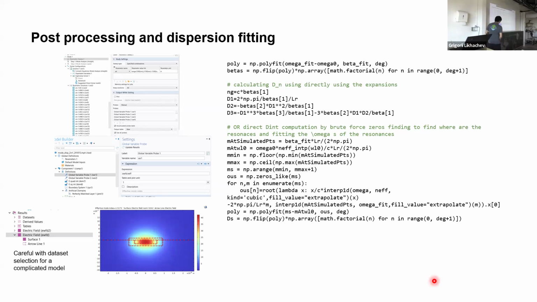For the mode area, how you write it mathematically is basically the integral of the intensity, the squared electric field times epsilon, squared, as a normalization factor, over the integral of the intensity squared.